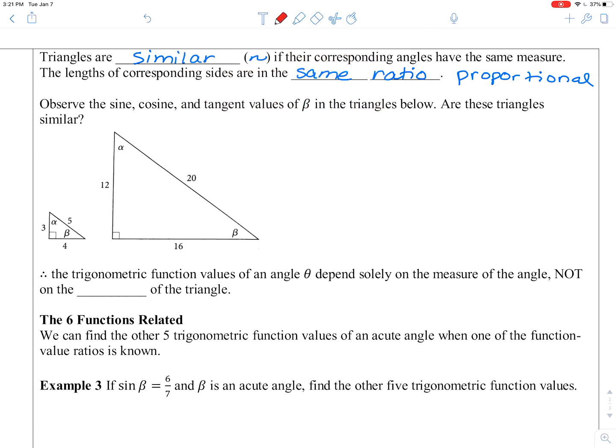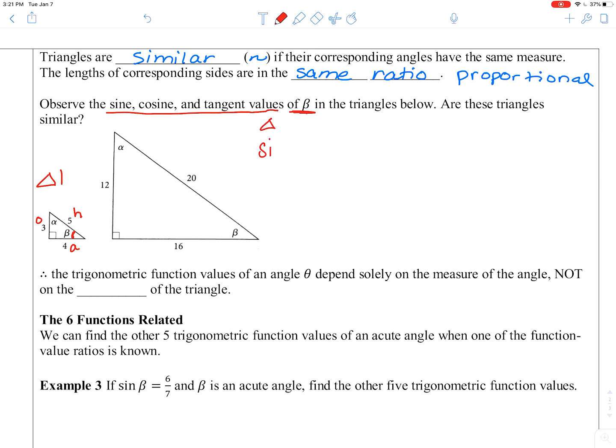So I'm going to grab my red pen, and this is going to be triangle 1. So we are looking at angle B, and we're interested in the sine, cosine, and tangent values of angle B. So here's angle B, here's my perspective. So I'm looking at the opposite side, I'm connected to the adjacent side and to the hypotenuse.